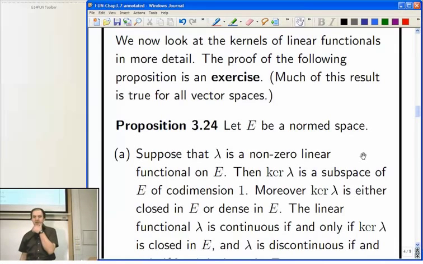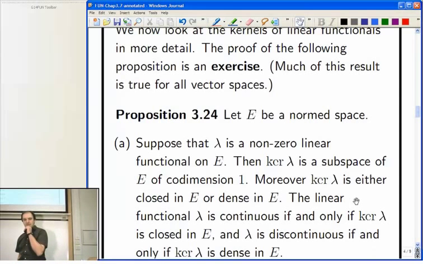So suppose you've got a non-zero linear functional, then the image has to be the whole of the scalars. But the isomorphism theorem tells you that the image is isomorphic to the quotient of the original space by the kernel. So the quotient of the original space by the kernel is going to have dimension 1. So the kernel must have codimension 1 here. And that does the first part of this exercise.